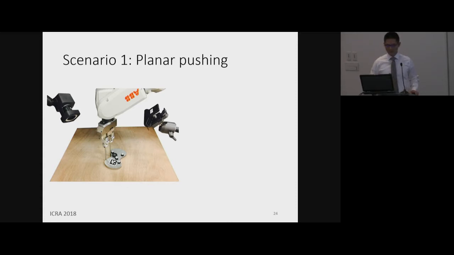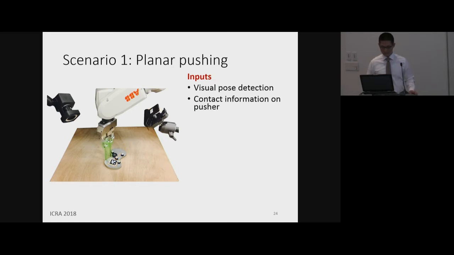So here I will use a pusher-slider system to describe our approach. First, we want to create a real-time estimator to accept the following inputs. The first one is a visual pose detection. We use a webcam looking at the object, and there's an April tag to help the vision process. The reason to do so is that we want to get realistic noise from the camera, but we also don't want to work too hard on the vision problem itself.